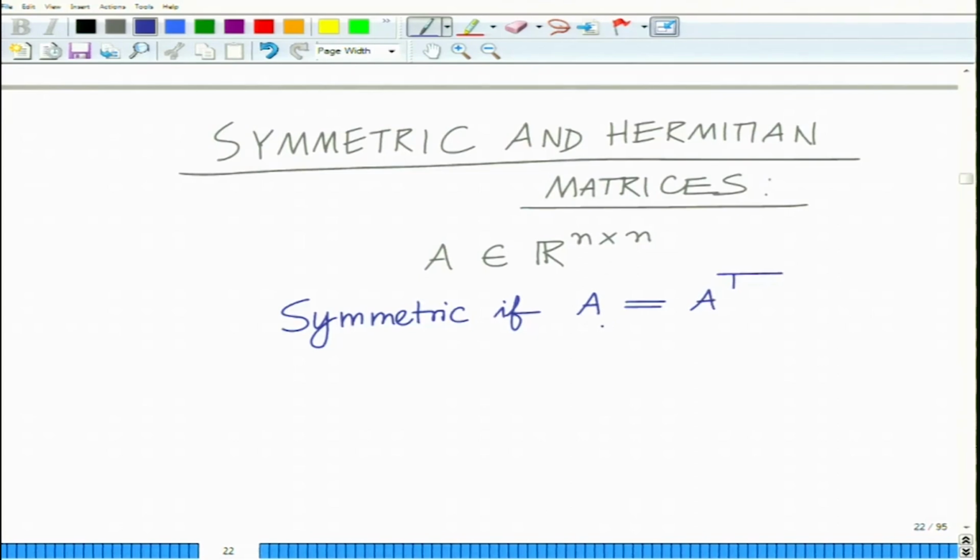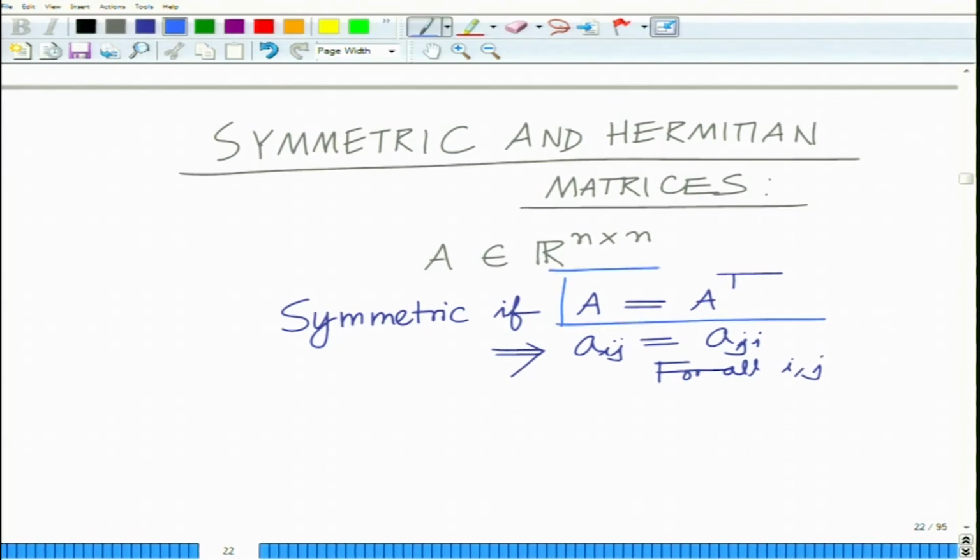That implies that for any element, Aij equals Aji for all pairs i, j. So for a symmetric matrix we must have A equals A transpose, and naturally that implies it must be a square matrix, because symmetry is only preserved if the matrix is square.